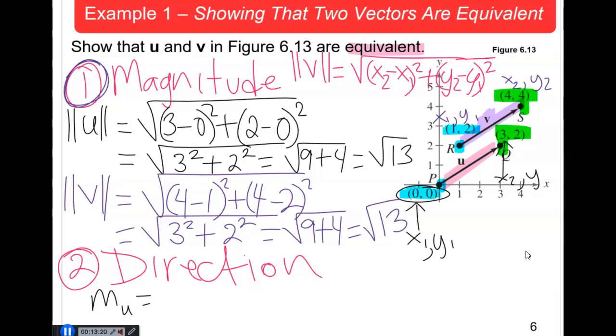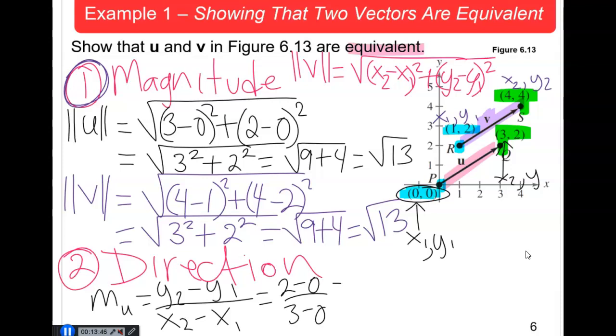So it will be 3 minus 0. Oh, sorry, that is completely wrong. Actually, I'm going to write the formula here. y sub 2 minus y sub 1 over x sub 2 minus x sub 1. So remember, y values need to be on top. So it will be 2 minus 0 over 3 minus 0. So that will be 2/3.